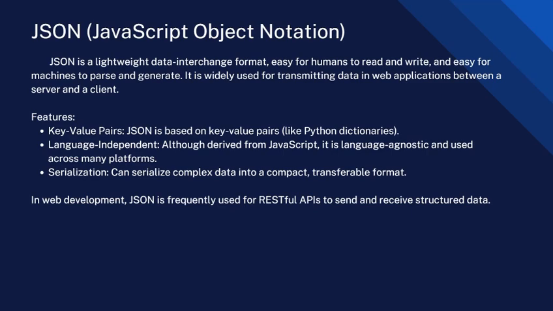JSON is based on key-value pairs, like Python dictionaries. It is language independent. Although derived from JavaScript, it is language agnostic and used across many platforms. Next feature is serialization. It can serialize complex data into a compact, transferable form. In web development, JSON is frequently used for RESTful APIs to send and receive structured data.